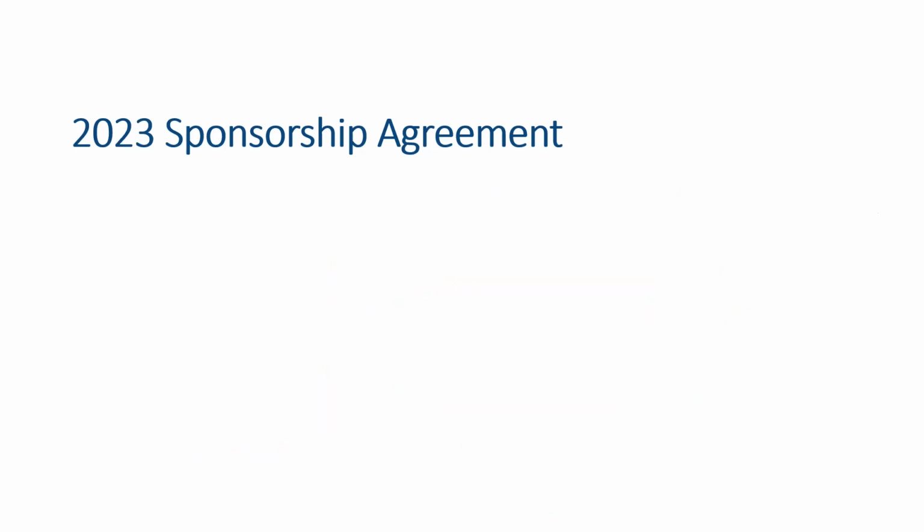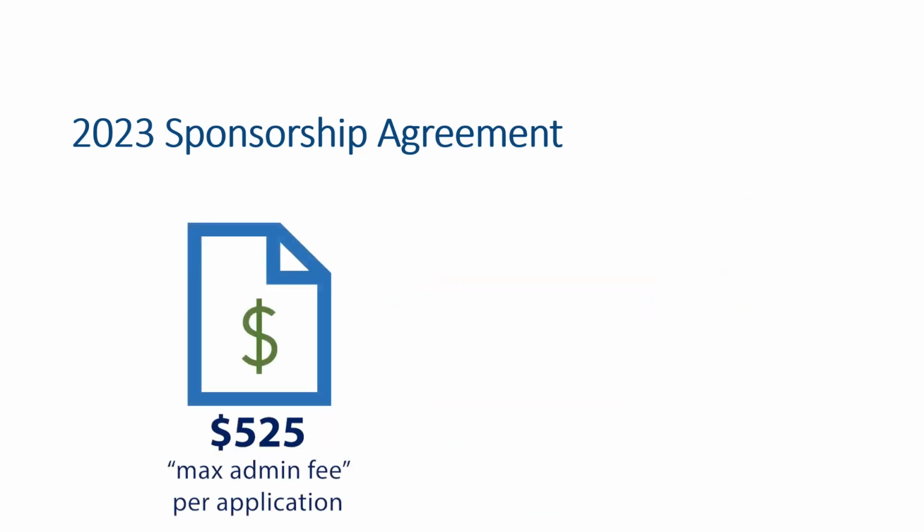Now, before we move on from the sponsorship agreement, I just want to highlight 2 more things. The first is the fee that you can recover for any direct admin costs that you as SARs incur as a result of submitting applications to ROCCO. When the new agreement comes into effect on October 10th, 2023, you'll be able to charge $525 per application.